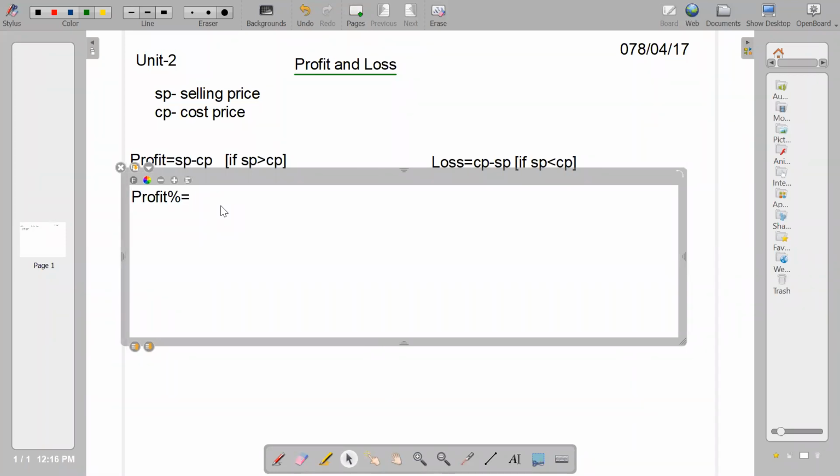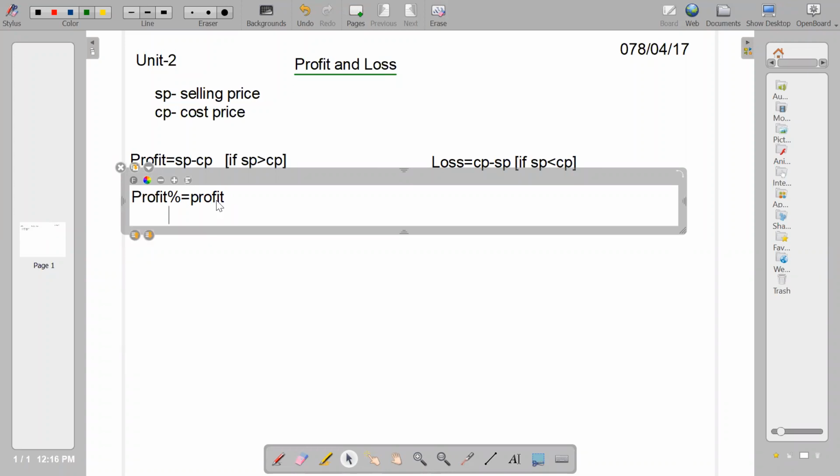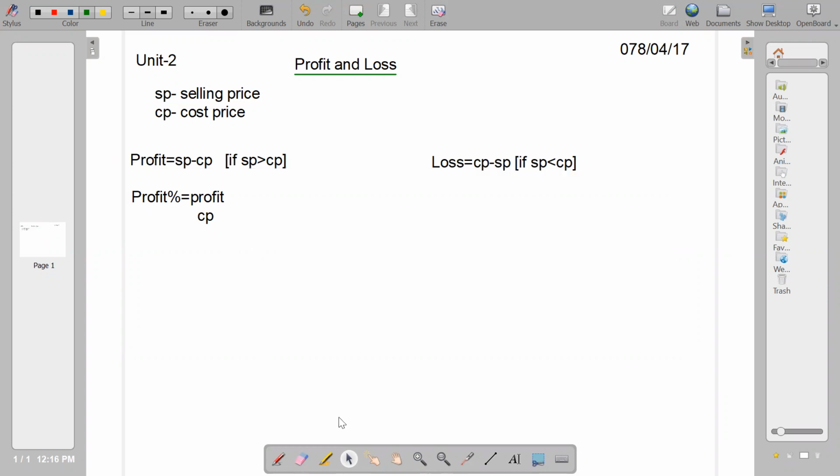Profit percent is equals to profit divided by CP into 100%. Profit by CP into 100%.